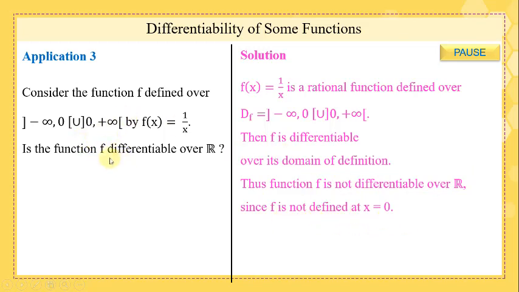Remember, I asked you if it is differentiable over R while it is only defined on R star, x does not equal 0. So simply, since the function is not defined at x equals 0, we say the function is not differentiable over set R. If you try to calculate the function derivative, we get minus 1 over x squared, which assures the idea we said: it exists for all values except 0.